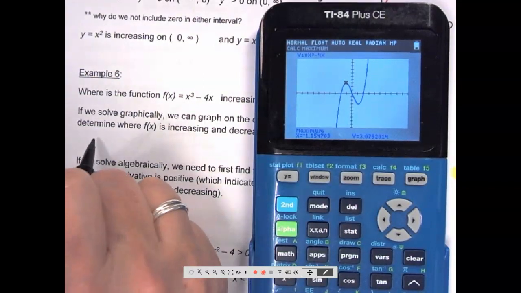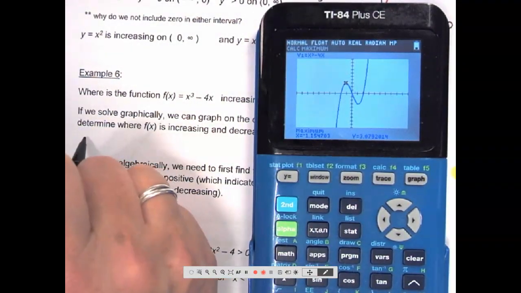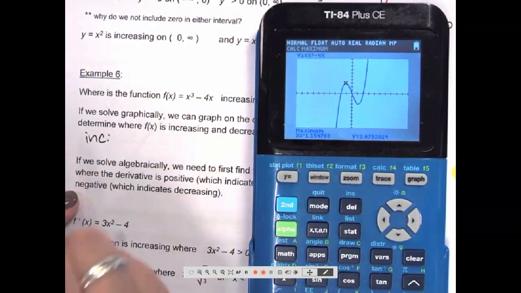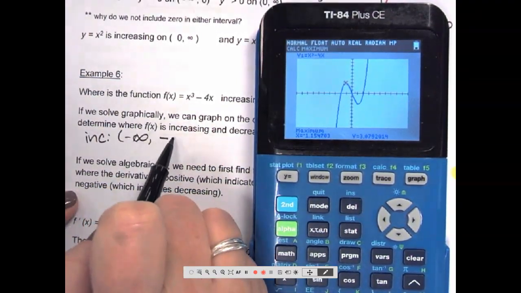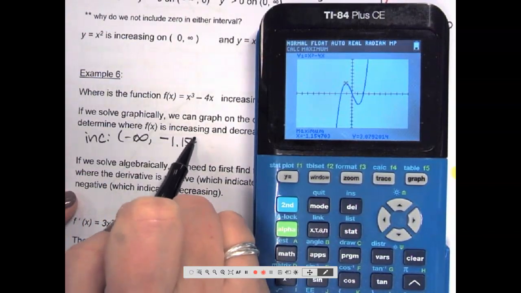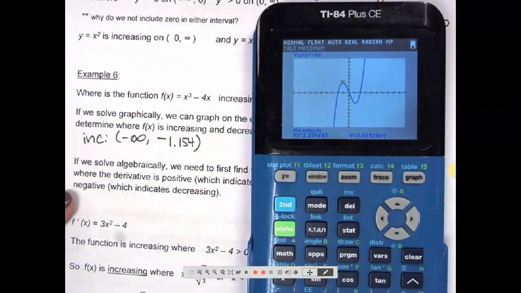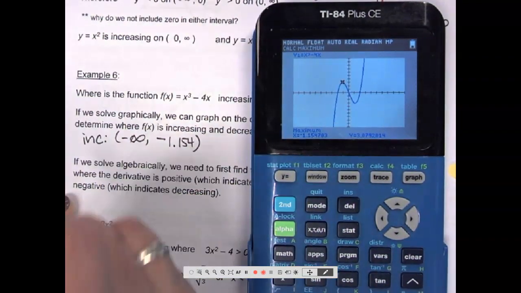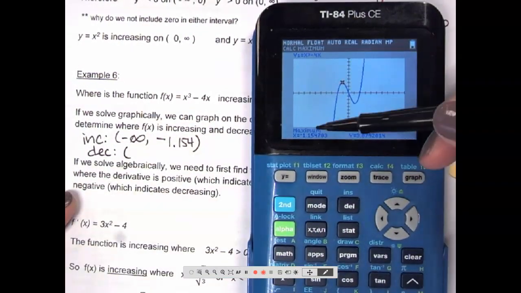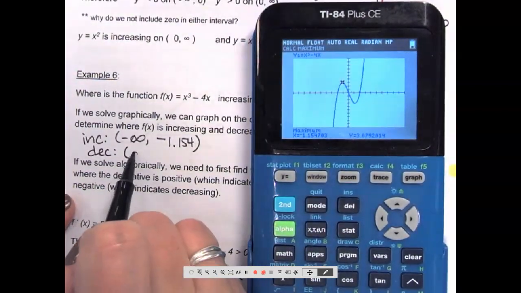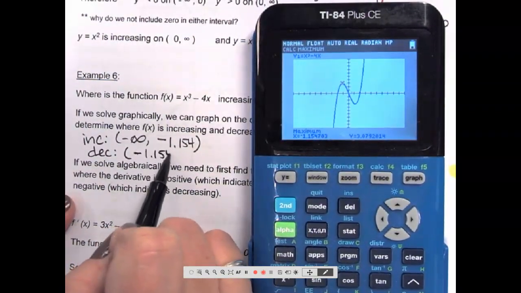I'm going to write this down right here. Increasing from negative infinity to negative 1.154. Decreasing. Okay, I know it's going to start decreasing at this value, negative 1.154.